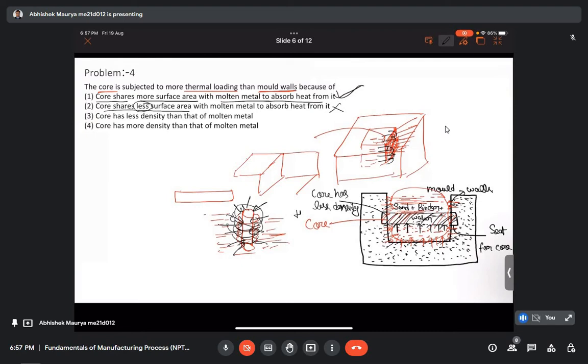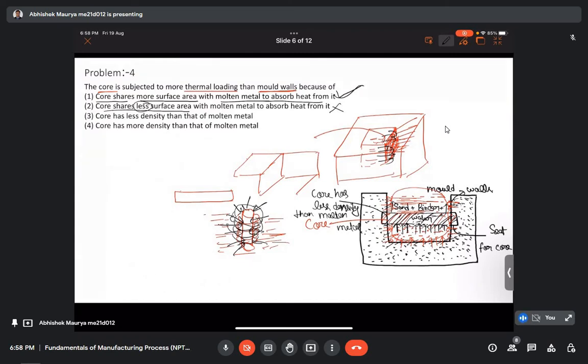And we know, if we have read fluid mechanics, there we have Archimedes principle. Since the core material has less density, it will feel an upward force inside the molten metal.